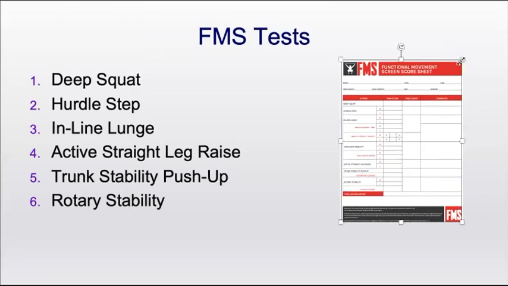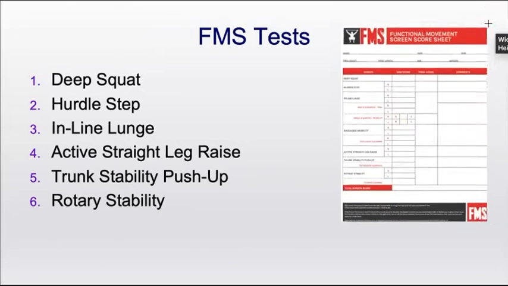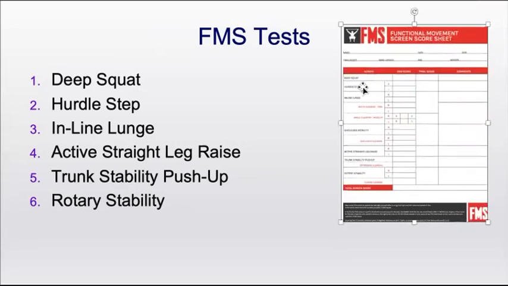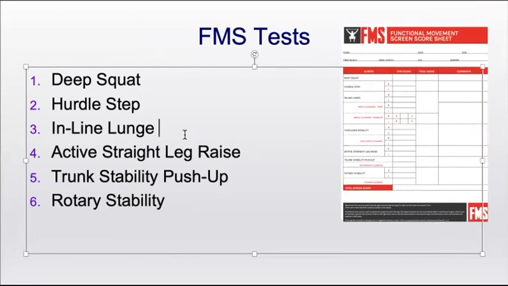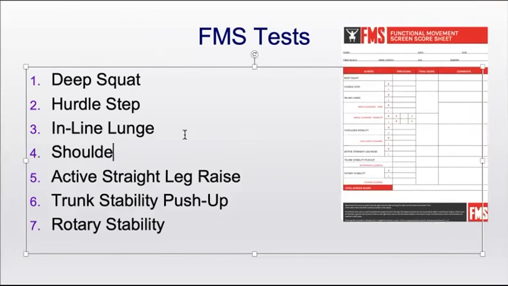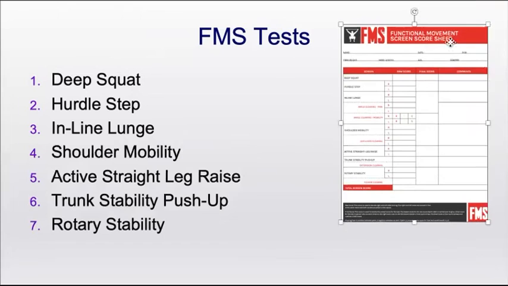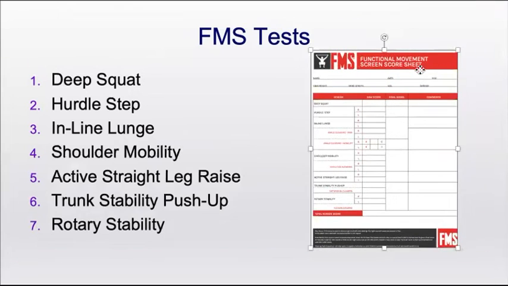Which one are we missing on this? Deep squat, hurdle step, inline lunge, shoulder mobility. My apologies. So shoulder mobility is another test. Okay, so you've got the 7 tests: deep squat, hurdle step, inline lunge, shoulder mobility, active straight leg raise, trunk stability push-up, and the rotary stability test.